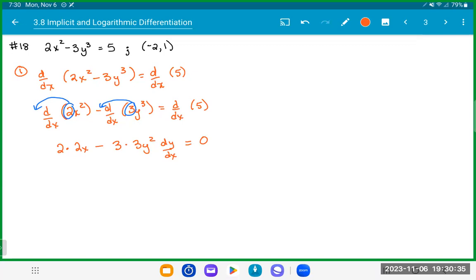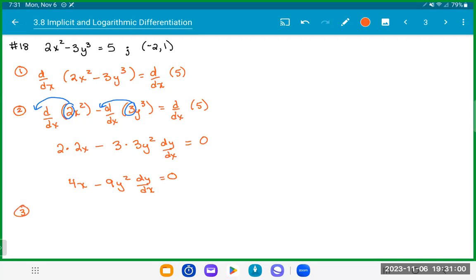Let's simplify. This gives me 4x minus 9y squared dy dx equal to 0. Now I want to isolate. This is like step number 3. So this was step number 2, where we applied the rule of differentiation.